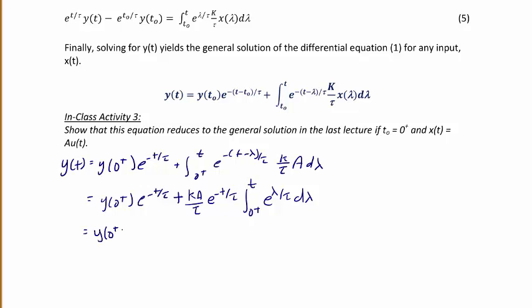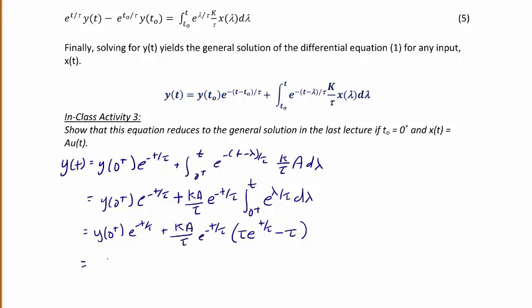So we have y of 0 plus e to the negative t over tau plus ka over tau e to the negative t over tau. And when we take the integral of e to the lambda over tau d lambda, this yields tau e to the t over tau minus tau.